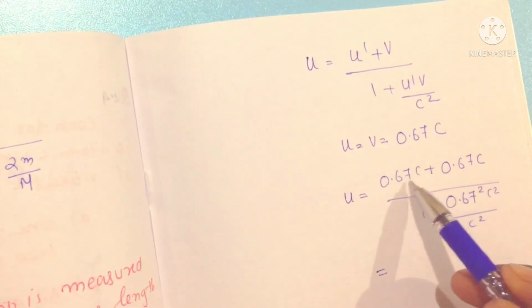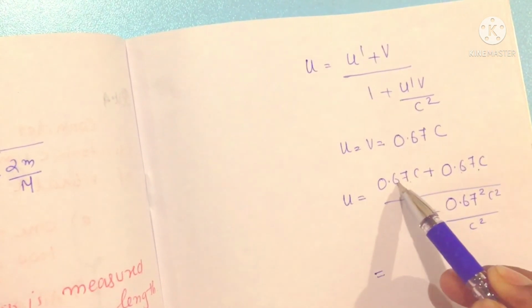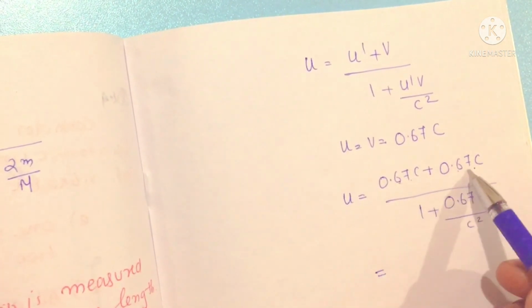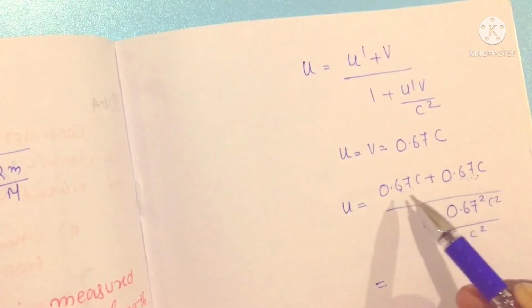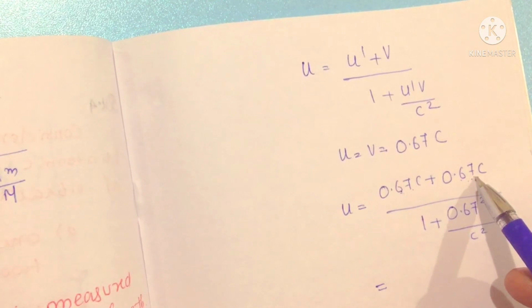Then we get 67 plus 67: 60 plus 60 is 120, then 7 plus 7 is 14, 120 plus 14 is 134.